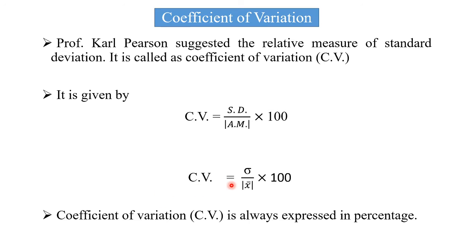Therefore, CV is equal to sigma divided by x bar into 100. Coefficient of variation CV is always expressed in percentage.